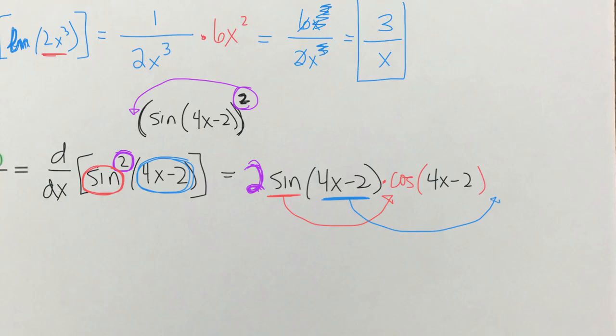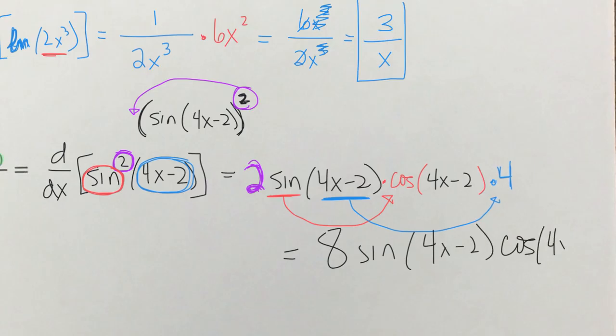And the derivative of 4x minus 2 is 4. That's a great looking derivative, right? Chain rule. Expect to see these ones. Anytime we have a trig raised to a power of an equation, you're going to have 3 parts to your chain. So your final answer can be 8, because 4 times 2 is 8, times the sine of 4x minus 2, times the cosine of 4x minus 2. All of it is right there.